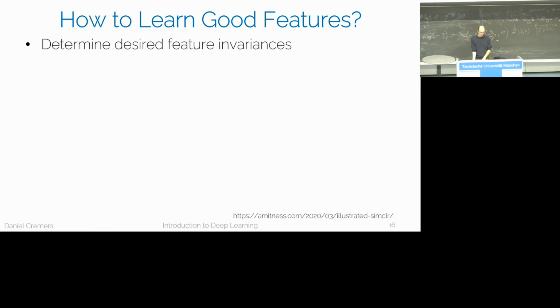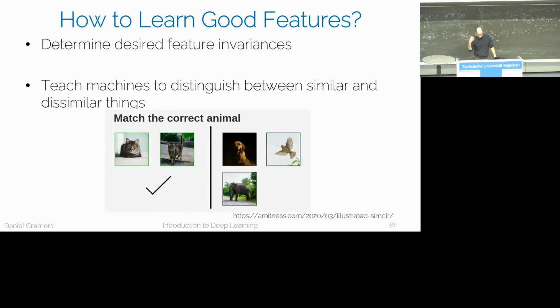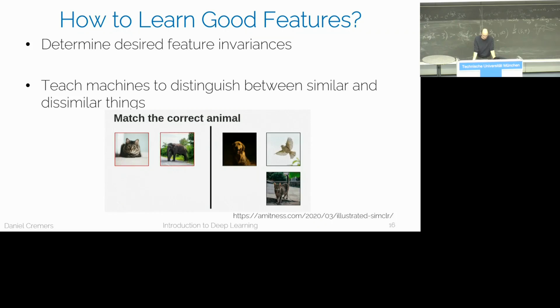And the way you do that is that you basically determine what you want in your features, and in particular what invariances your feature extractor should have. You can start with a set of images, for example, and just take different images and say when are two images the same, here the cat for example, and then you want the feature extractor to extract features such that they are similar.